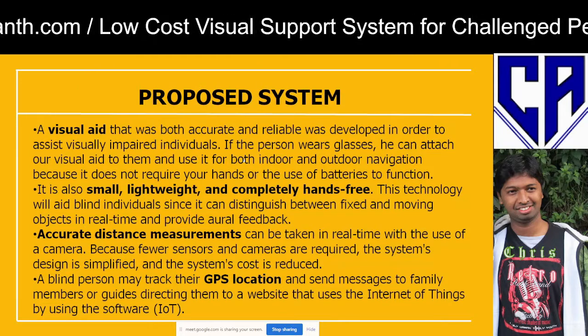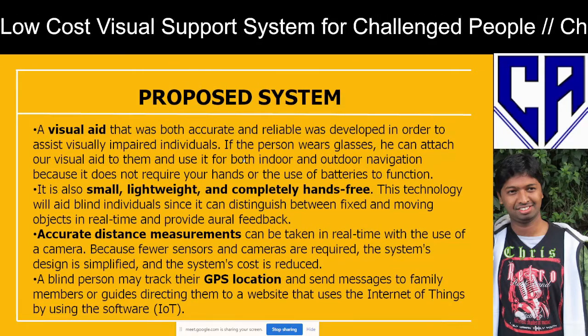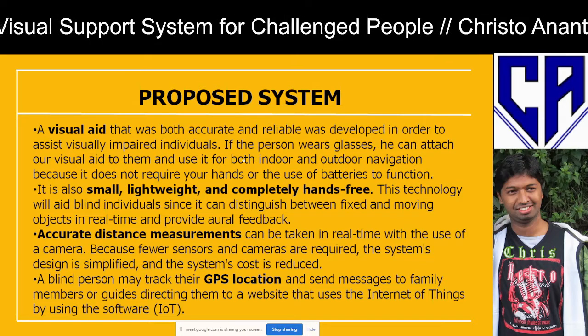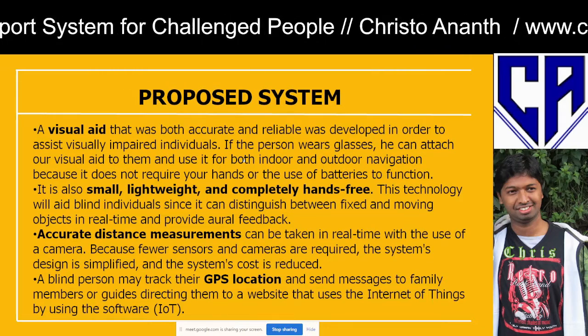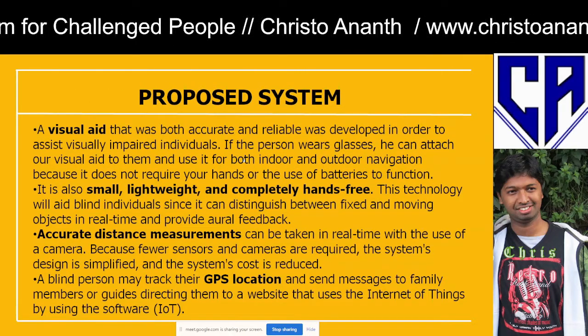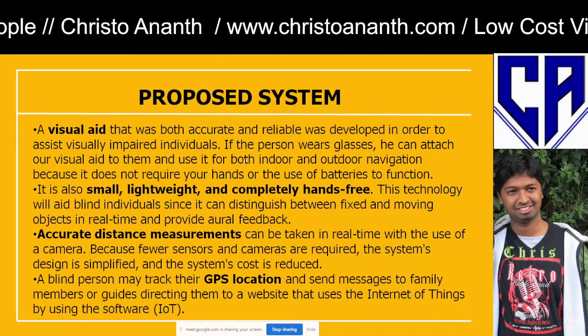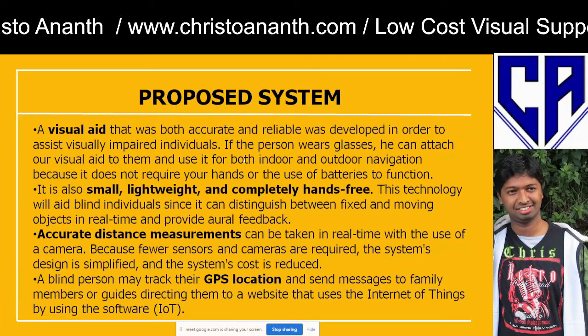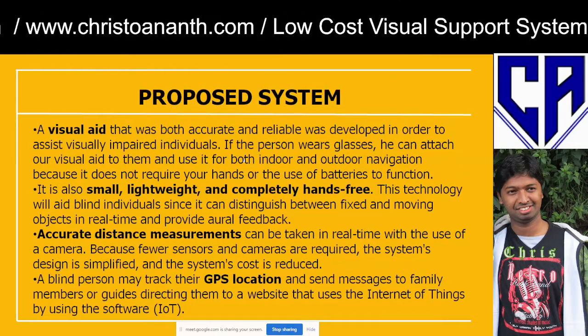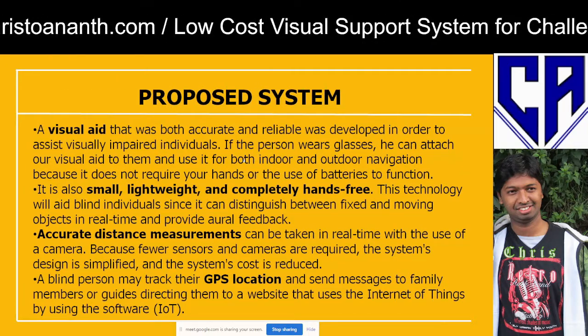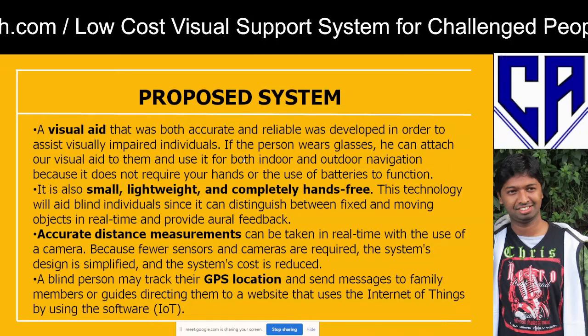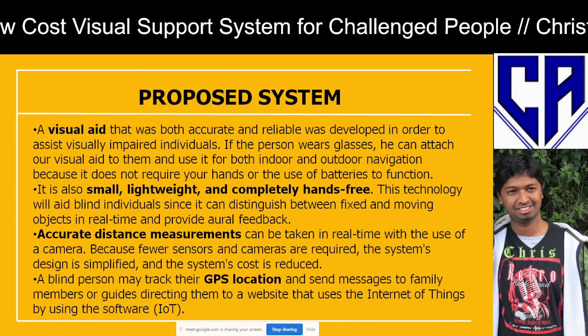So this is the proposed system. This is actually a visual aid, for which we have analyzed the disadvantages of our existing system. So we have taken an accurate as well as reliable means to support the visually impaired individual. If this person is wearing the glasses, he can attach the visual aid to use in indoor or outdoor navigation systems.